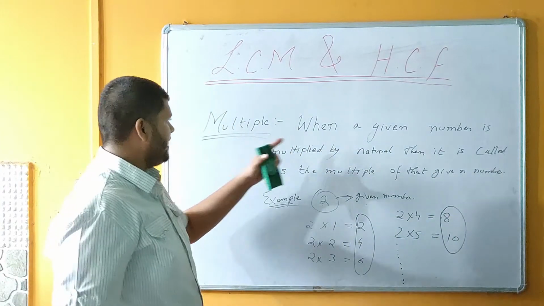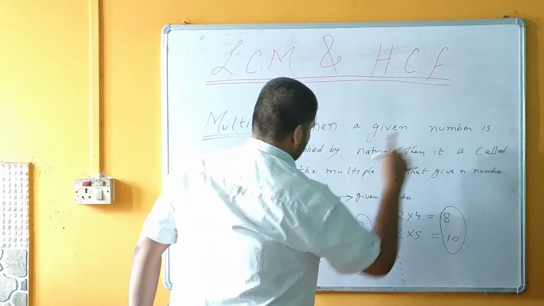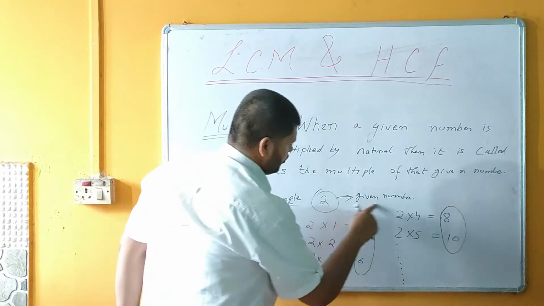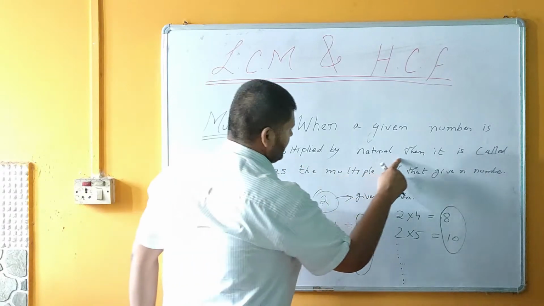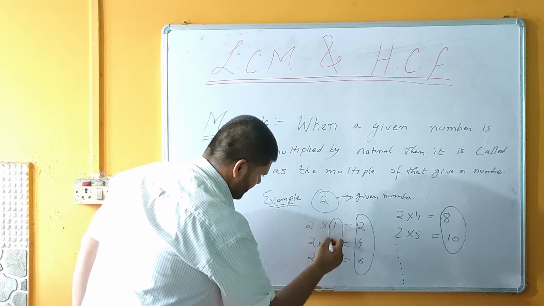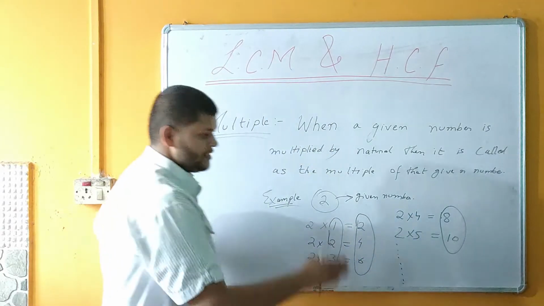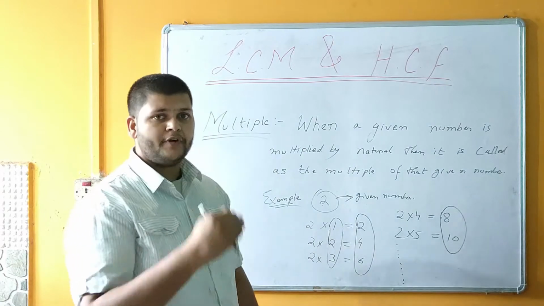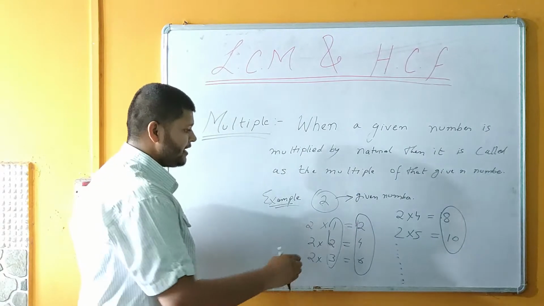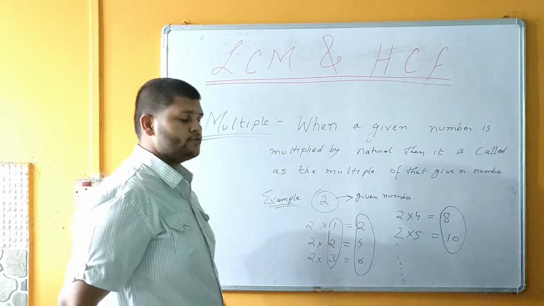So what we have done, once again let's see. When a given number, here 2, is multiplied by a natural number, these are called natural numbers: 1, 2, 3, 4, 5, 6. In this way it will continue up to infinity. But for our convenience, we will go up to 10 and maximum up to 20.